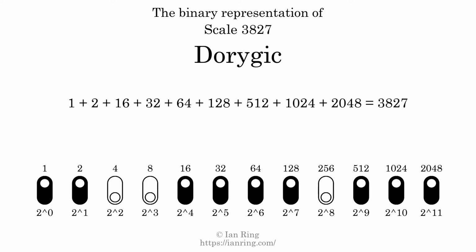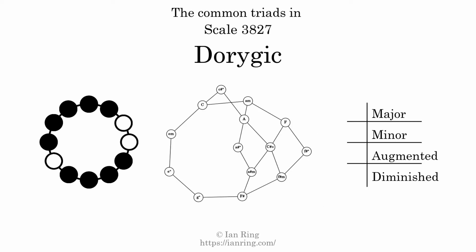That is why the scale number, in decimal, is 3827. The scale number not only enumerates the scale with a unique index, but it also literally describes the tonal content of the scale. Represented as a binary number in base 2, the scale number is 111011110011.